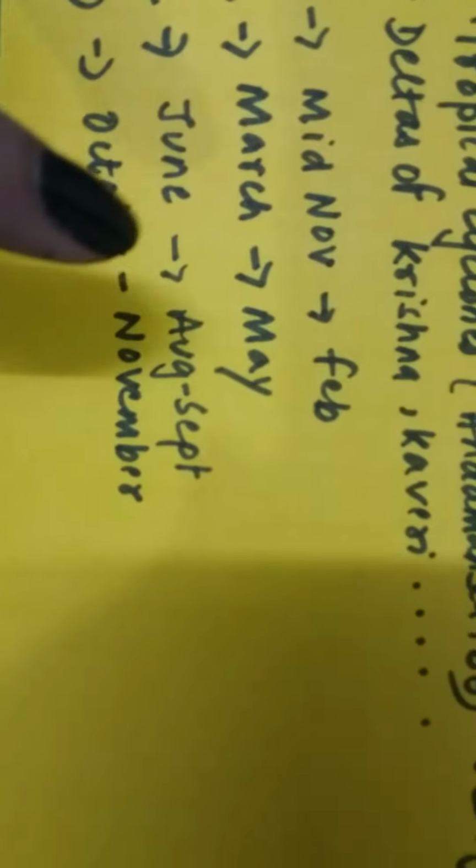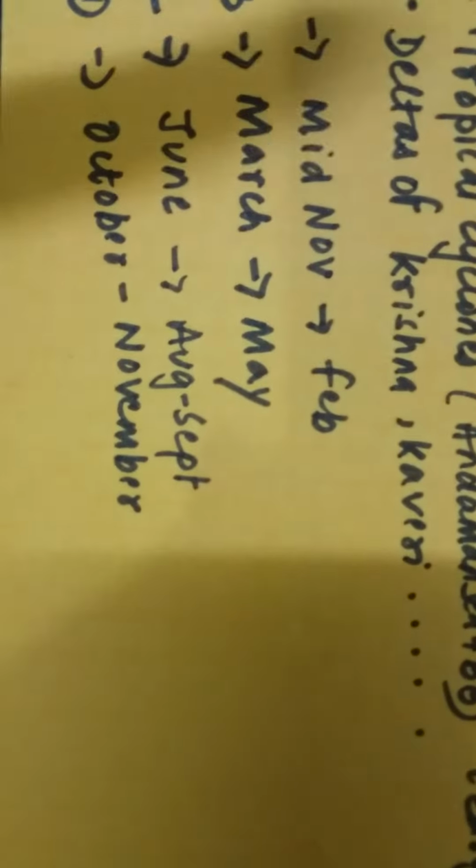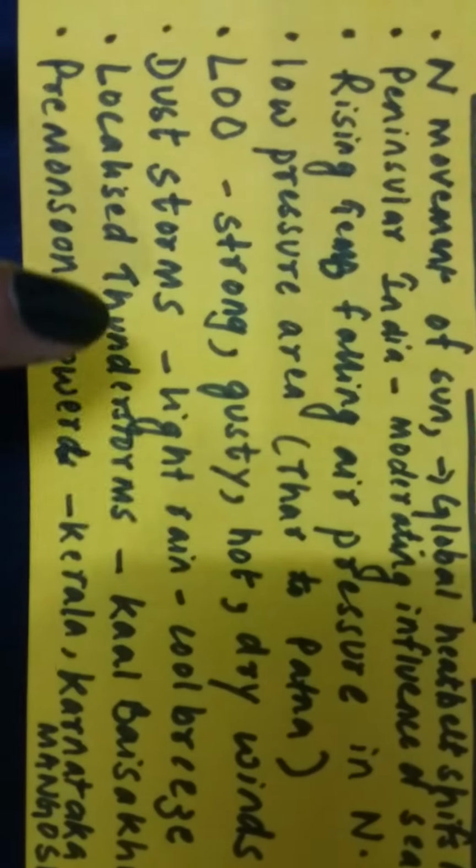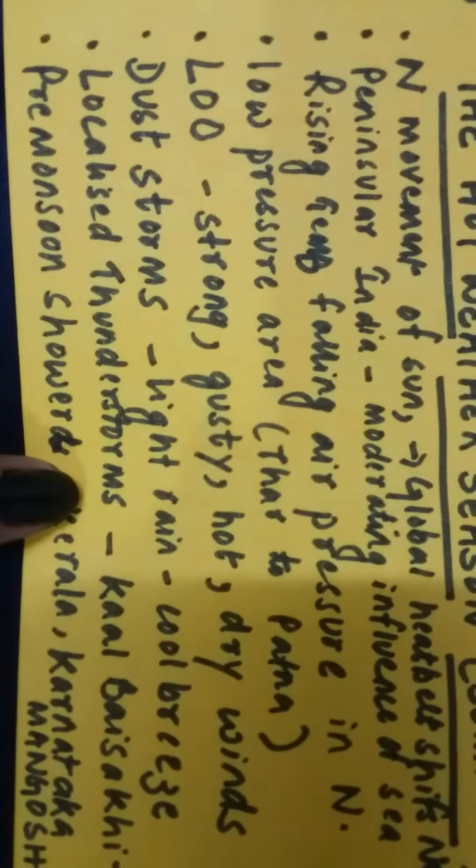In October you have tropical cyclones, that also you need to remember. So basically, one is during the retreating monsoon that you have tropical cyclones, and the second we did was during summer you have the localized thunderstorms and the pre-monsoon showers.